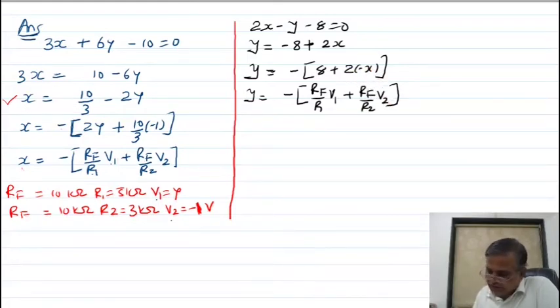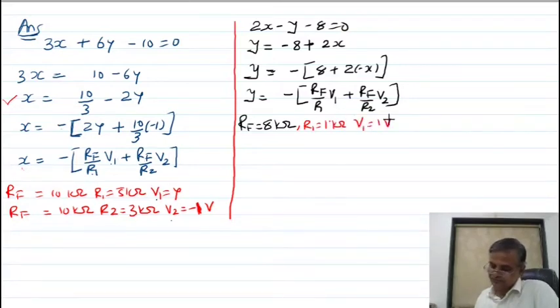So it is very easy to select. Rf I take 8 kilo ohm, R1 I take 1 kilo ohm, V1 I write 1 volt. So 8 by 1 into 1, you will get 8.